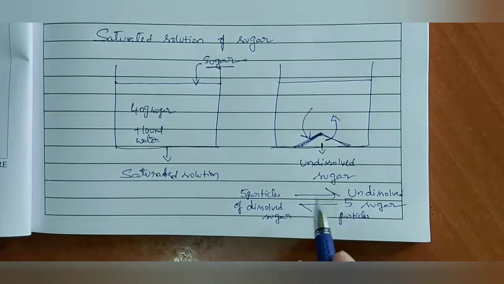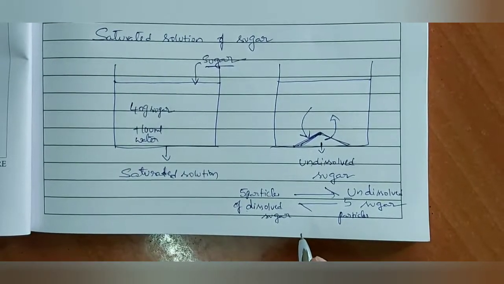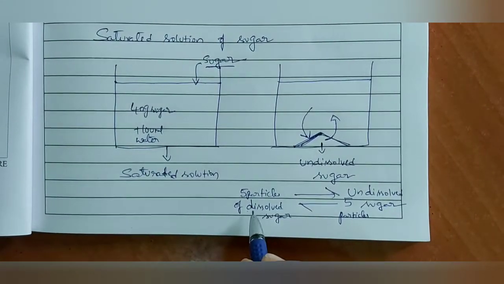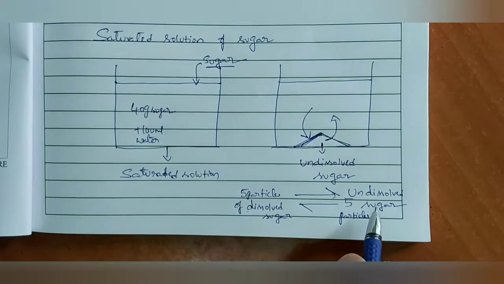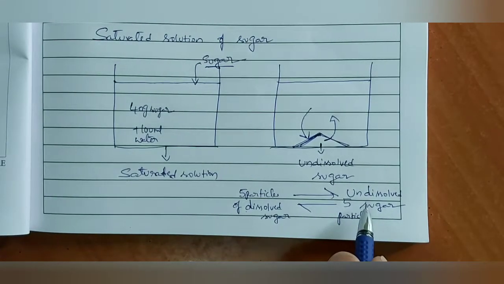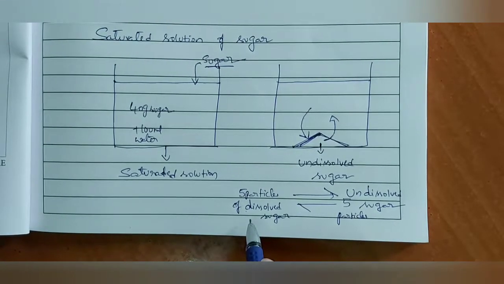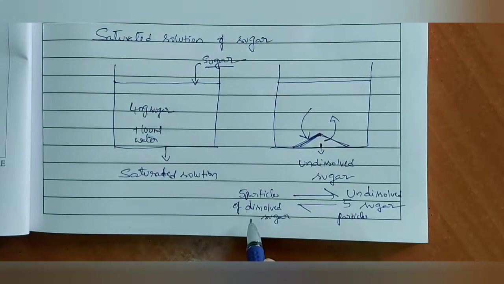Dissolved sugar converted to undissolved sugar is called crystallization. Undissolved sugar converted to dissolved sugar is called dissolution.